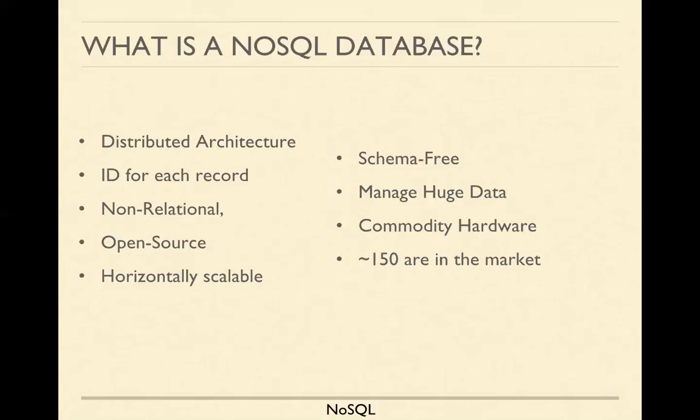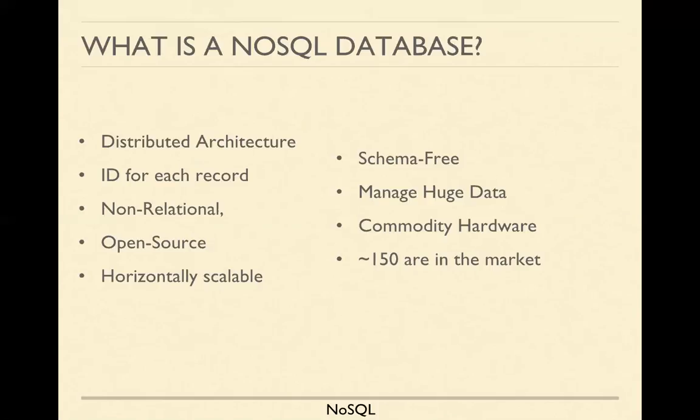That's distributed architecture. But when you have this kind of architecture, you have to mark some kind of identifier on the rows. And that's where the ID for every record comes into play. And they cannot be relational, because if they start being relational, they will lose their performance. They are open source.